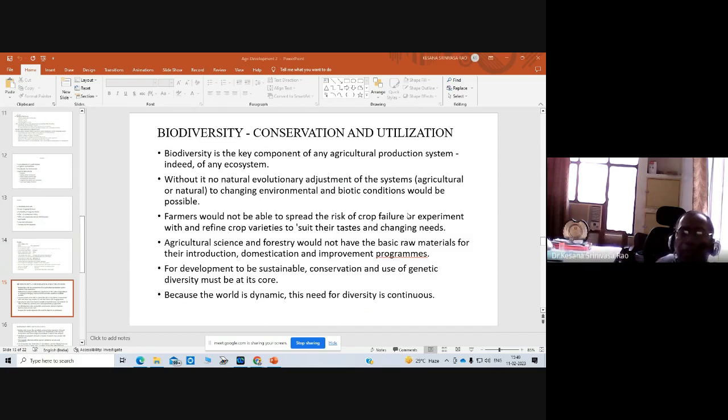This biodiversity is the key component of any agriculture production system, indeed of any ecosystem. Without it, no natural evolutionary adjustment of the systems to changing environmental and biotic conditions would be possible. Farmers would not be able to spread the risk of crop failure or experiment with and refine crop varieties to suit their tastes and changing needs.